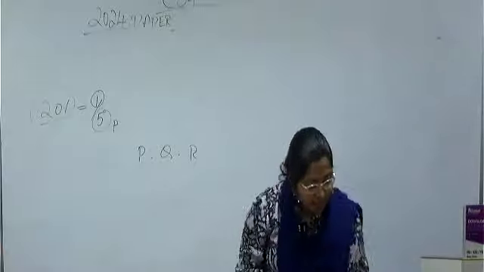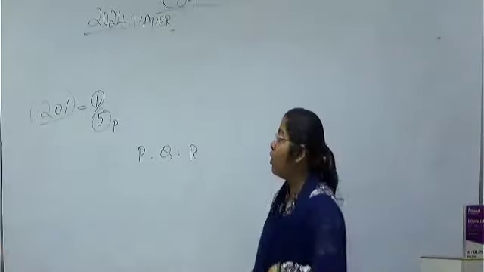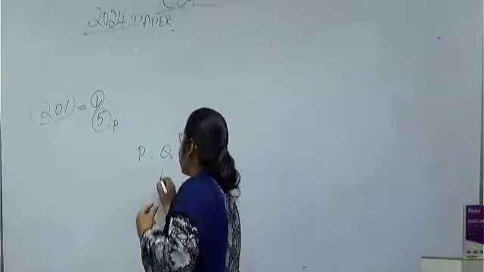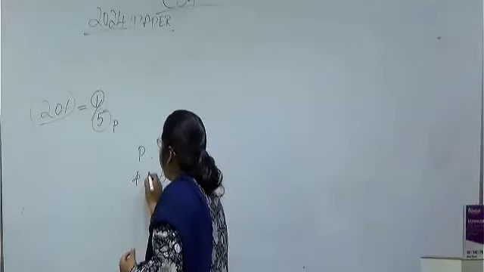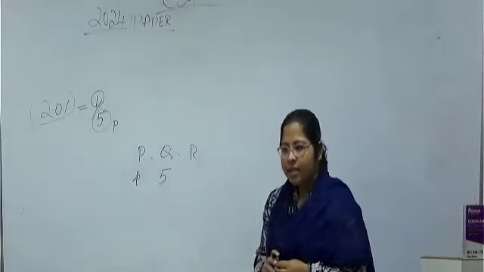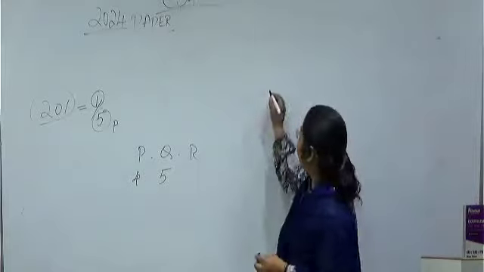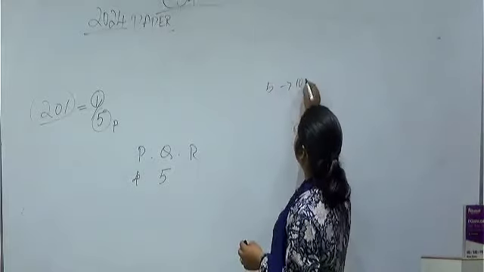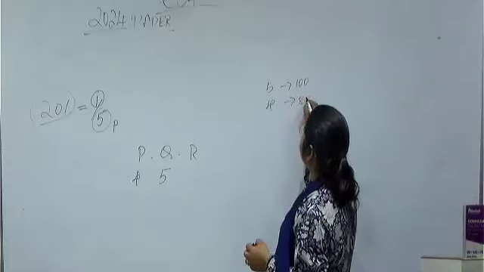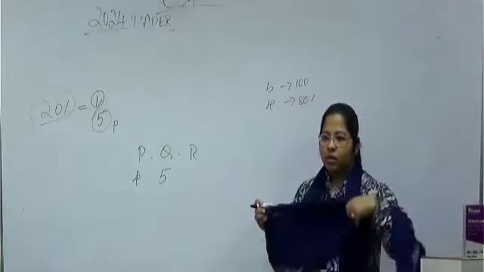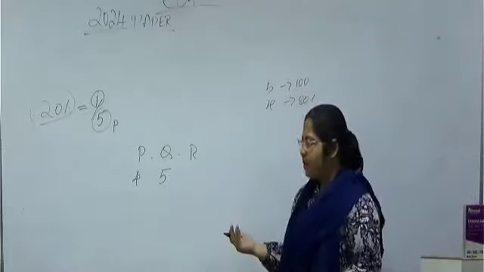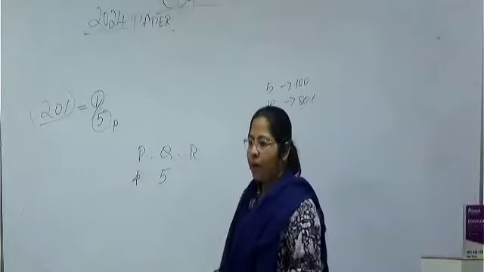Whose salary is lesser? P's salary is 20% low. That means if Q's salary is 5, P's salary will be 4. Can you agree with this? If 5 is 100%, cut 20% and you get 80%. Yes or no? I am deriving that from 20% only.